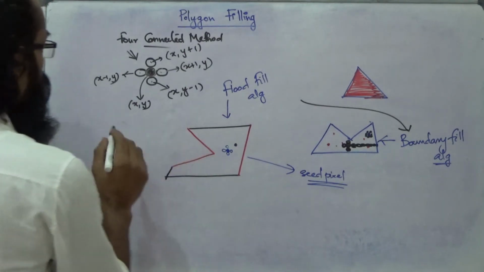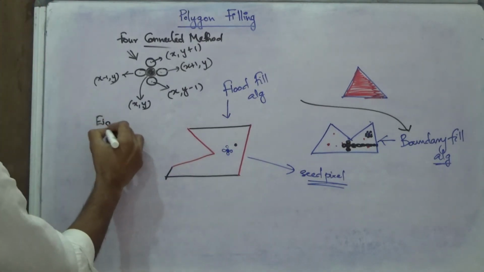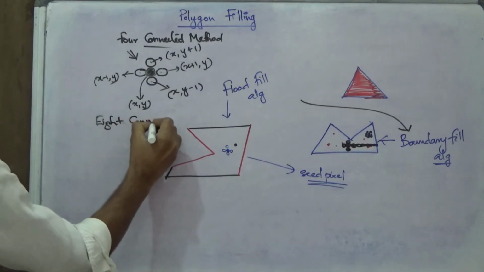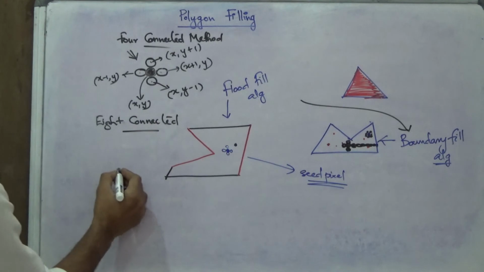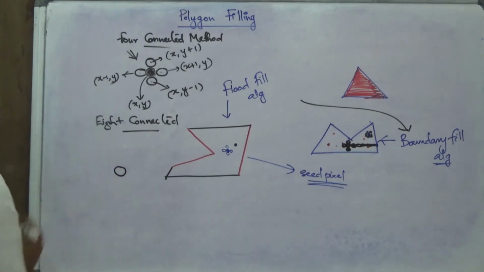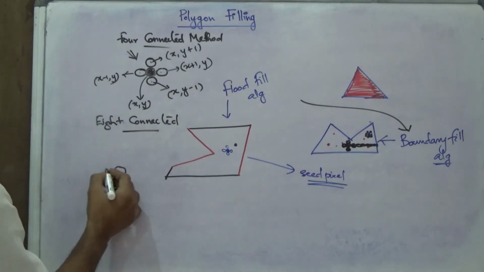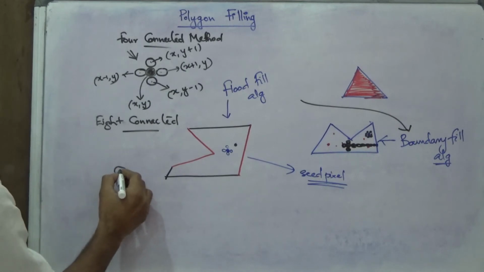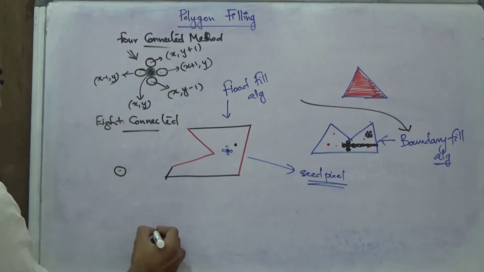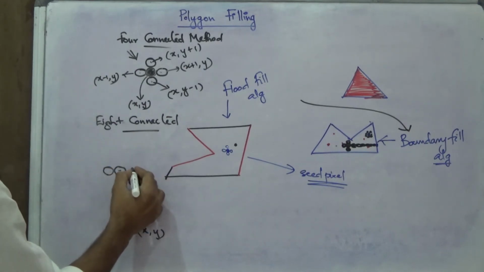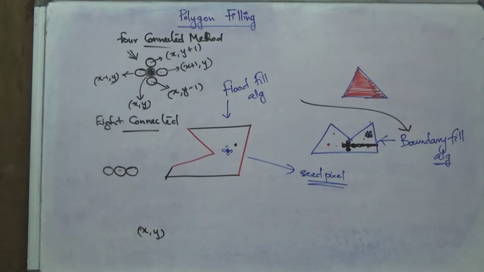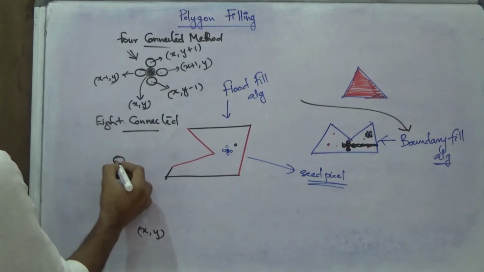Now you can move to the 8 connected method. In the 8 connected method, it will consider the 8 adjacent pixels. Let this be the pixel under consideration whose Cartesian coordinate is x y.